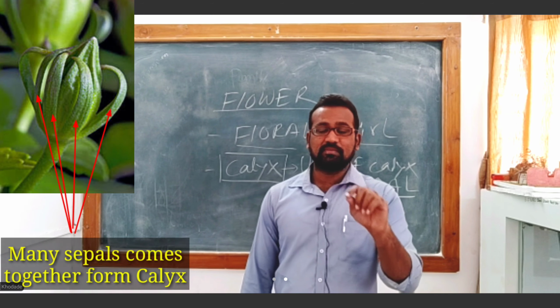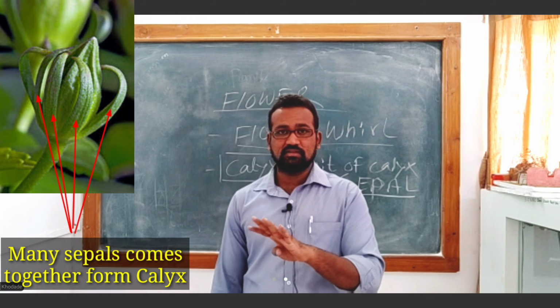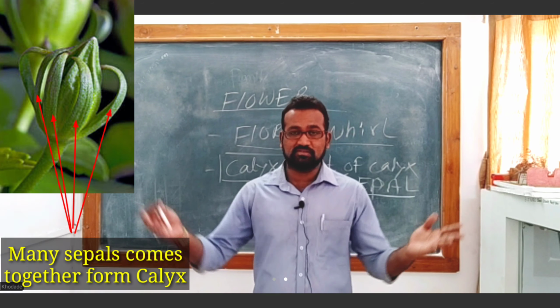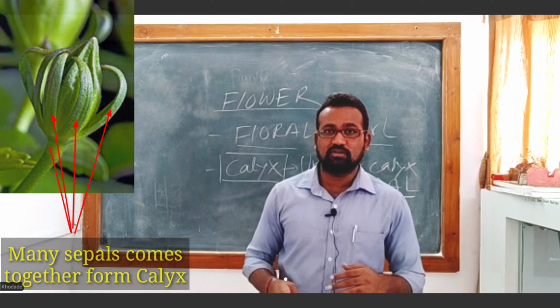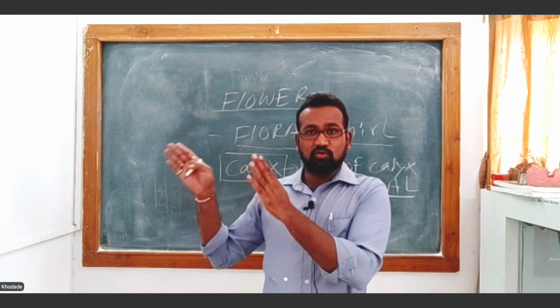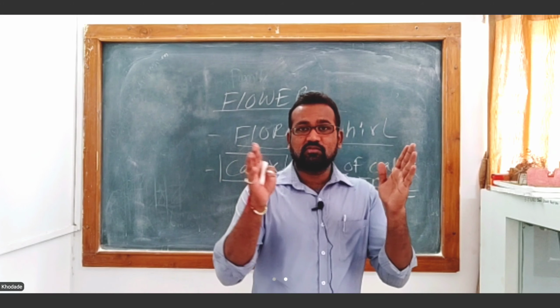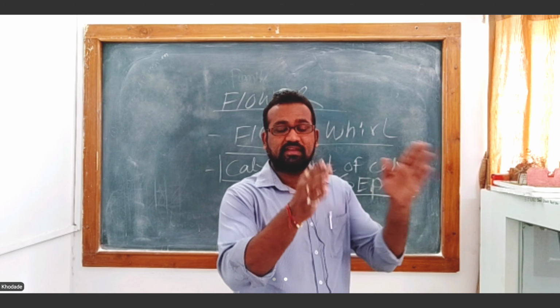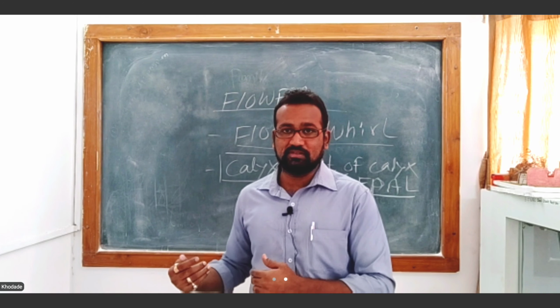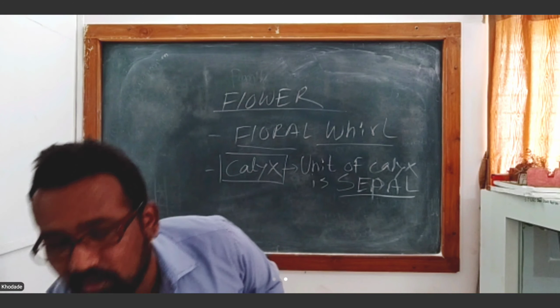Some calyces contain 4 sepals, some contain 5 sepals, some contain many sepals. So I am sure you must have understood that calyx is not a different terminology. Calyx is the group in which you will find various sepals present. So the calyx includes many sepals.